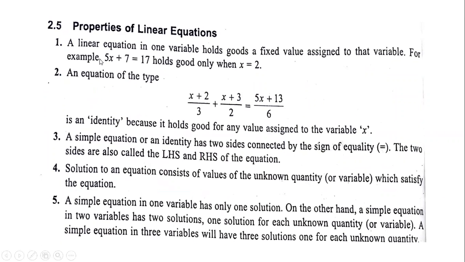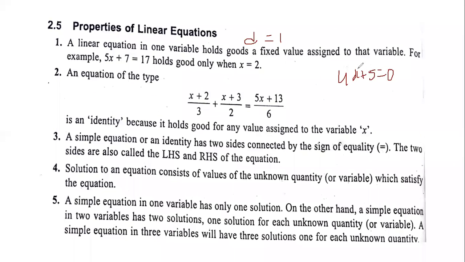There are certain properties of linear equations. We'll just go through the properties once, for us to understand how to solve the equations better. Firstly, what are linear equations? Linear equations are nothing but when the degree of equation is equal to 1, then it is called a linear equation. Something like this, 4x plus 5 is equal to 0.